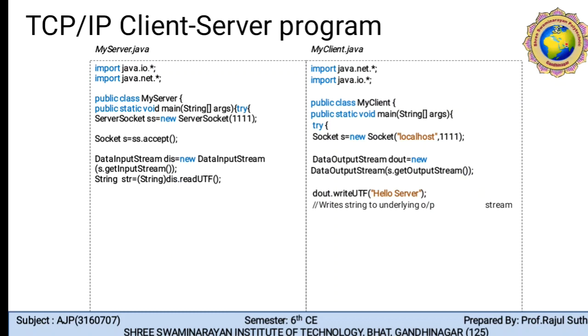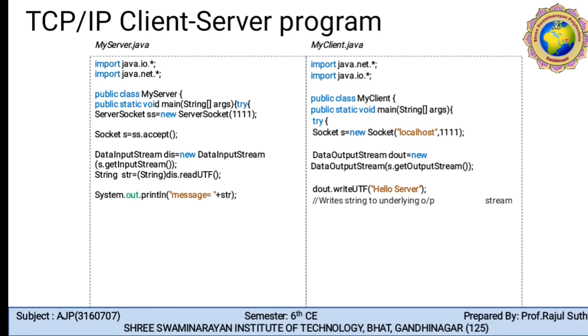At the server side we require String str is equal to dis.readUTF(), and System.out.println("message = " + str), which prints the message plus the string. On the client side we require catch (Exception e) and System.out.println(e), printing the exception.